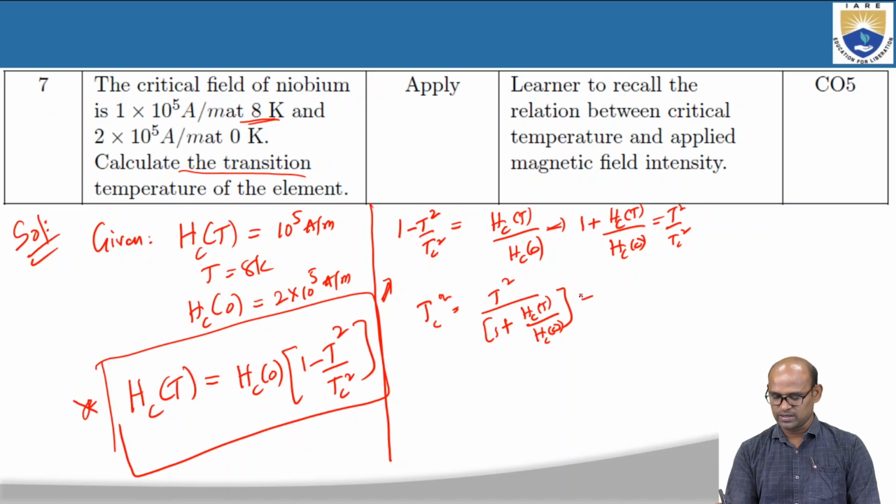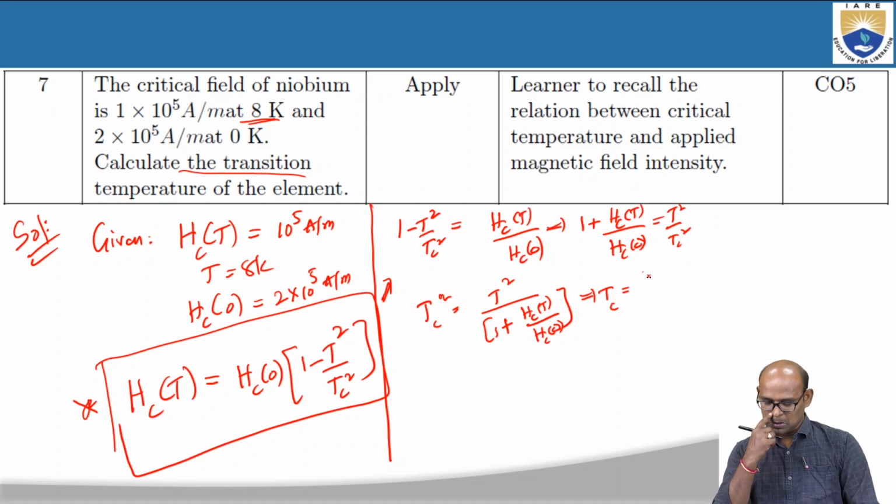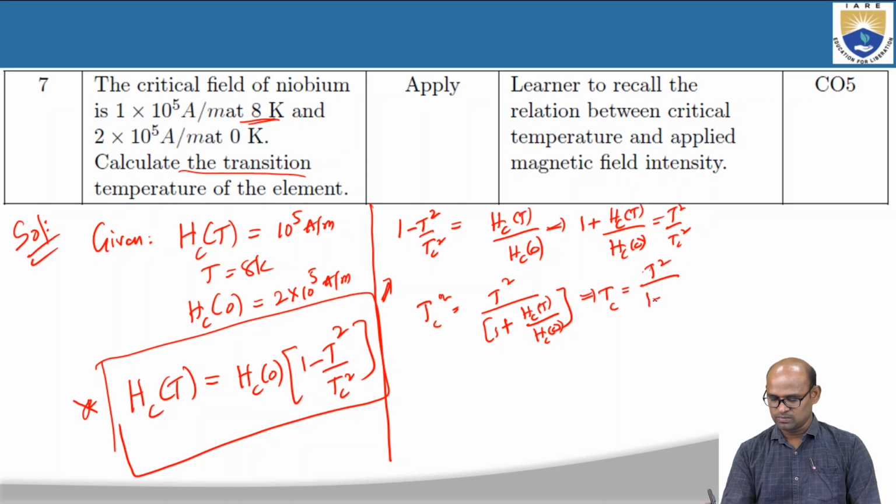So Tc will become the square root of T square divided by 1 plus Hc of T by Hc of 0, whole power 1 by 2.